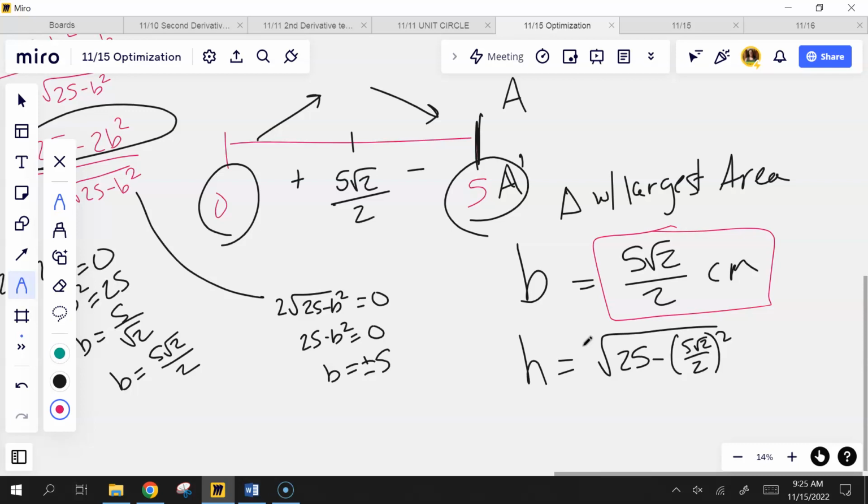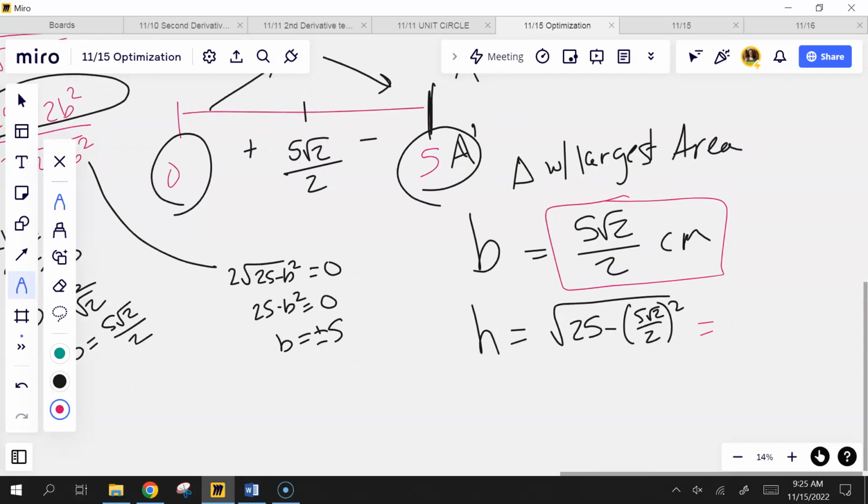This would be a non-calculator problem. Let's see. It may simplify down, but maybe not.